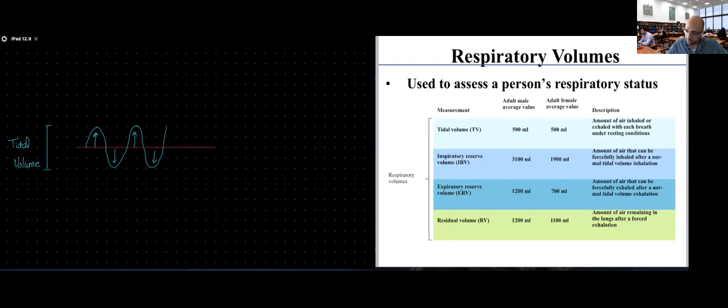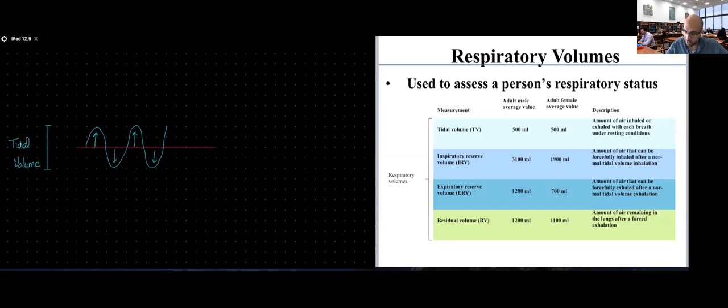Can you get extra air in beyond this tidal volume? Other than the tidal volume, the air that moves in and out all the time during rest, can I get extra air from outside? All this air is an extra air that I can breathe in, right? All this extra air can breathe in beyond the resting tidal volume.